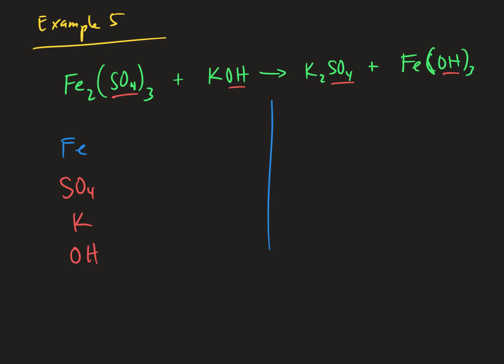All right, so on the other side we have iron, SO4, potassium, and hydroxide. And ladies and gentlemen, if you want to just count every element singly, you'll still be able to do it, okay? You still can. This is just something that helps you do it quicker. Or maybe with less stress, okay?